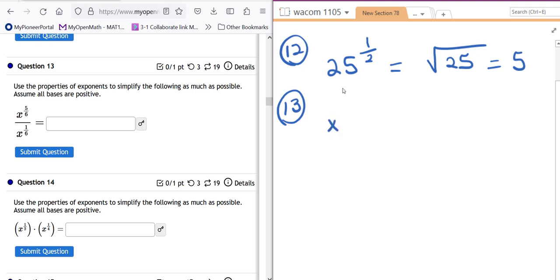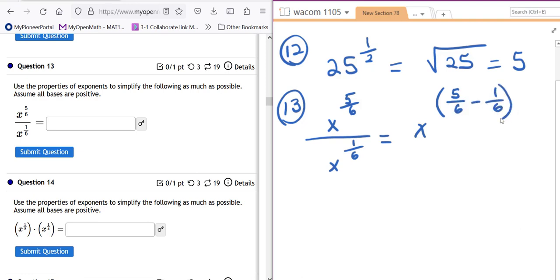So we have like bases as a fraction, or like bases divided. The rule is to keep the base and subtract the exponents. 5/6 minus 1/6. Now, this one is not so horrible because they have a common denominator. And so the rule is keep the common denominator and combine the numerators. You would just need to reduce that fraction.